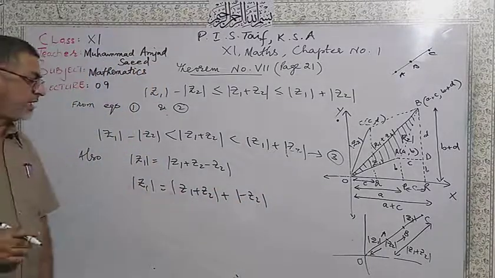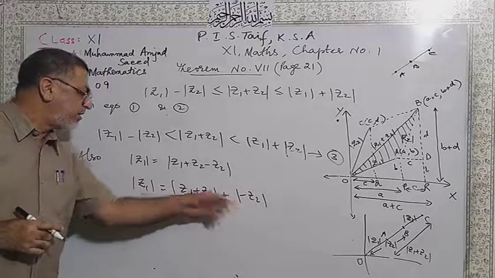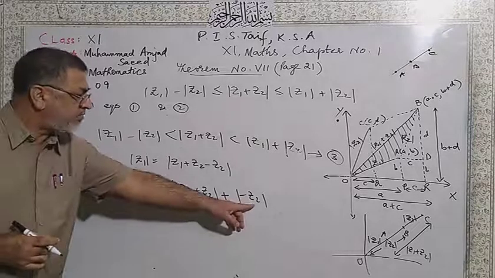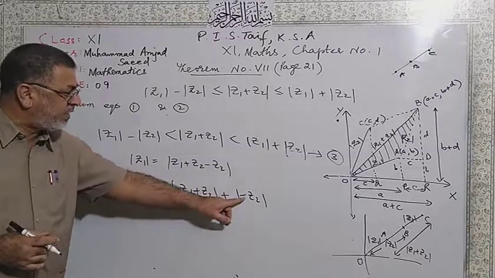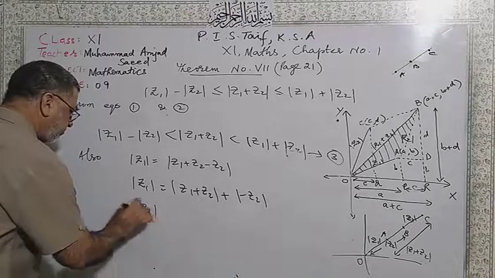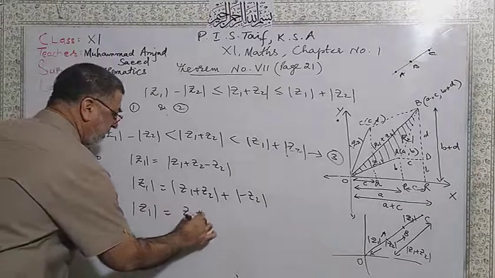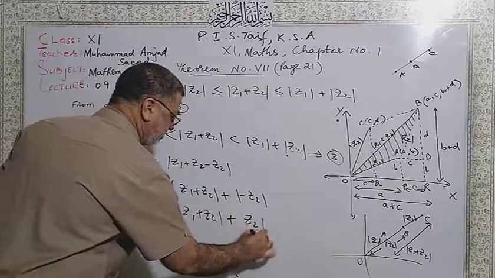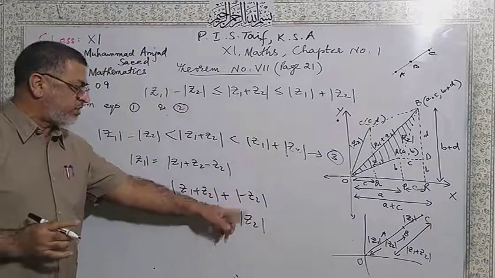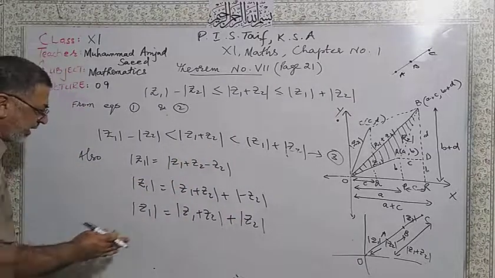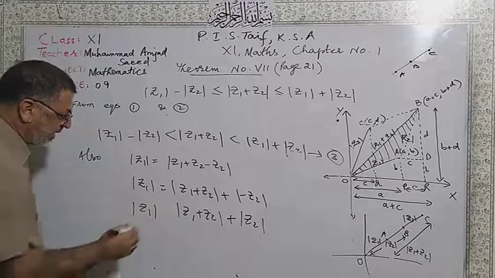Still there is an equal sign because if Z2 is equal to 0, then they will be equal. But because of this absolute value function, when it becomes minus to positive, we have |Z1| less than or equal to |Z1 + Z2| plus |Z2|. Now this minus is changed to positive because of the absolute value function, and definitely this is not equal.